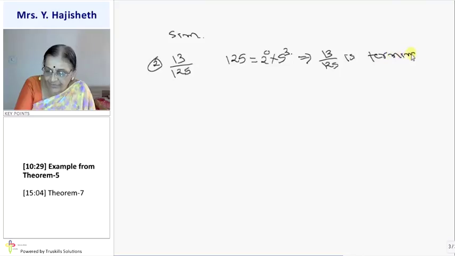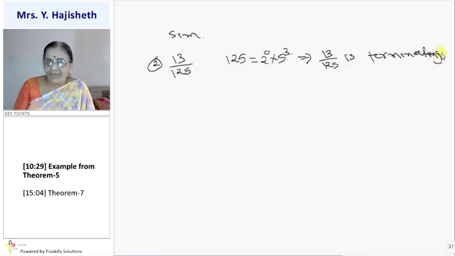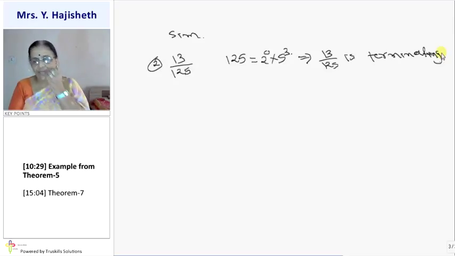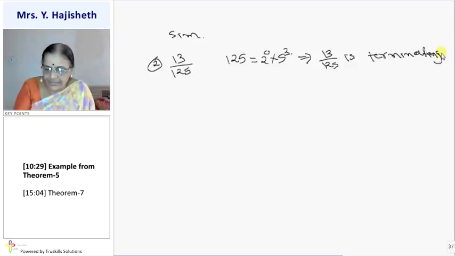Theorem 5, terminating. I apply my statement of theorem number 5. Q is in a form 2 raised to m into 5 raised to n. So I can say that 13 by 125, this rational number is terminating.